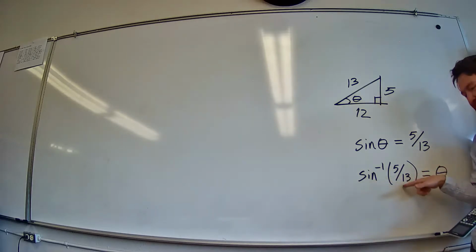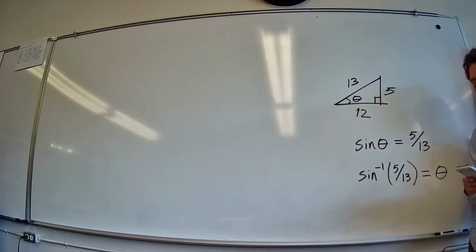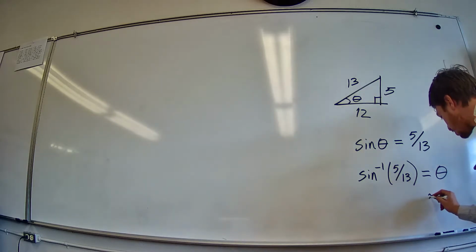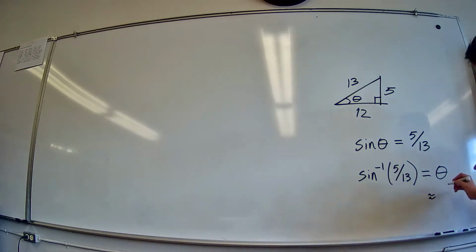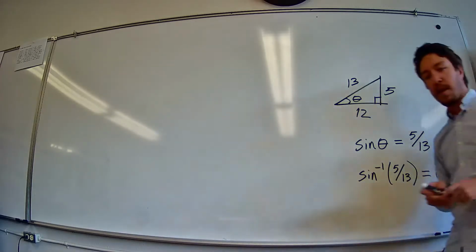You convert it to a decimal first, and then you look it up. Nowadays, with the Mr. Quackmulator, you'd go inverse sine of 5/13. If you were curious, I know you were all clamoring to know, it turns out this angle is roughly 22.6 degrees. That decimal goes on forever.